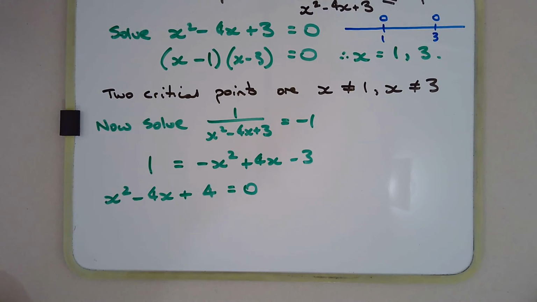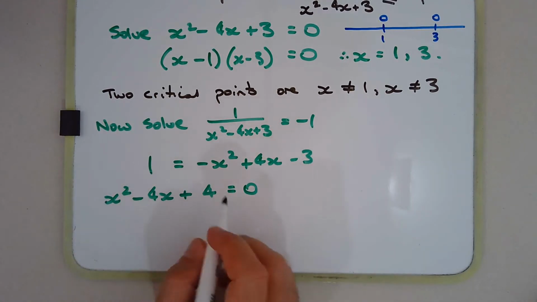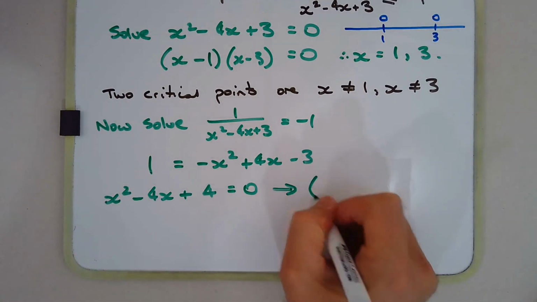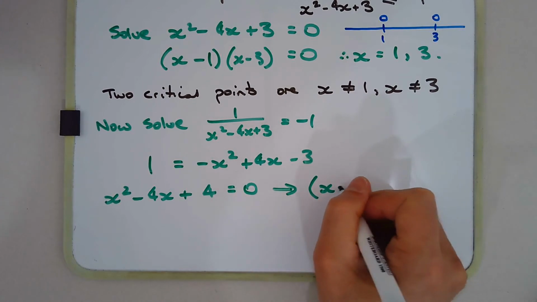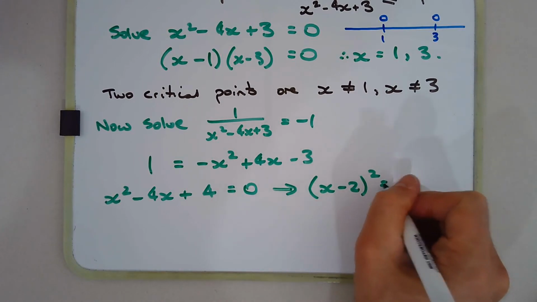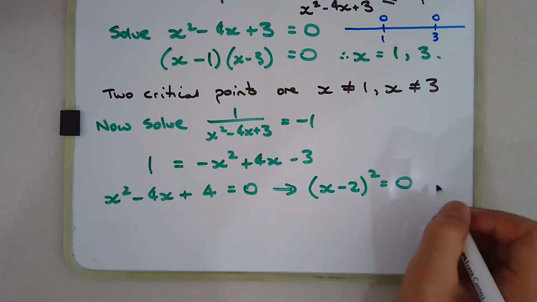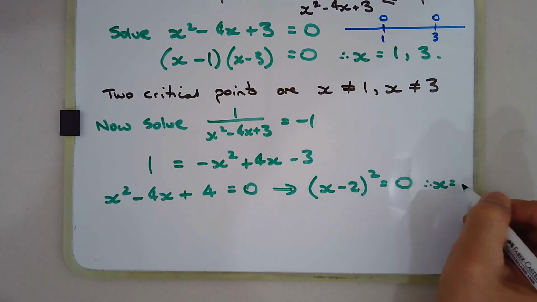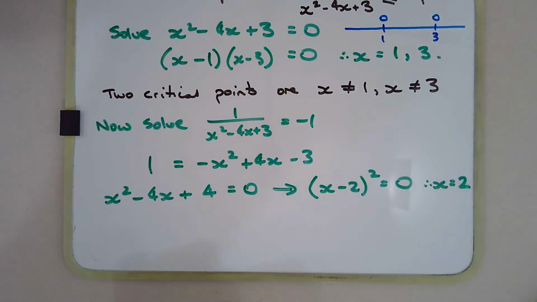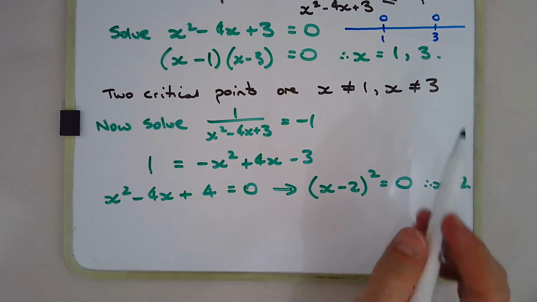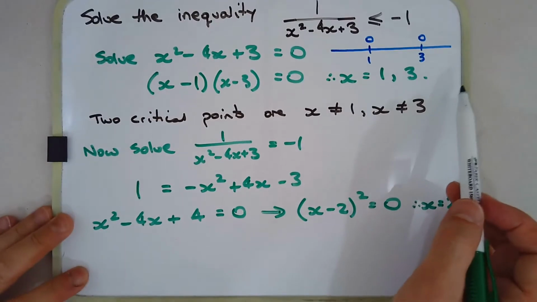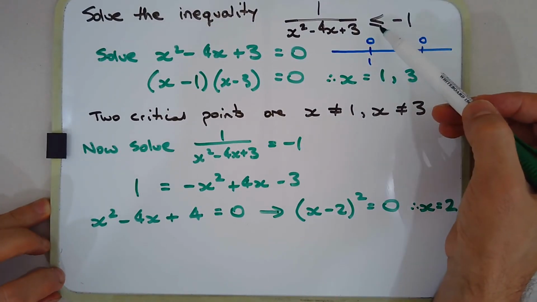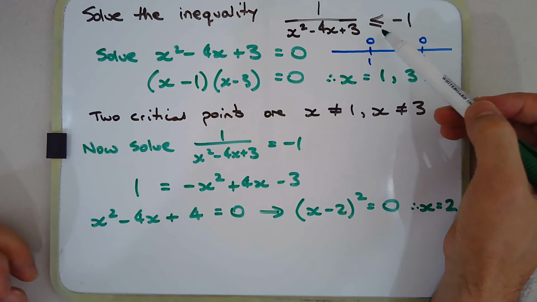That's a perfect square. x minus 2 all squared is equal to 0. Therefore, x equals 2. And x can in fact equal 2 because the inequality also involves less than or equal to negative 1.